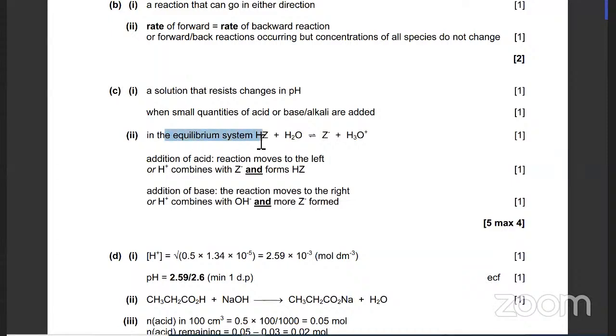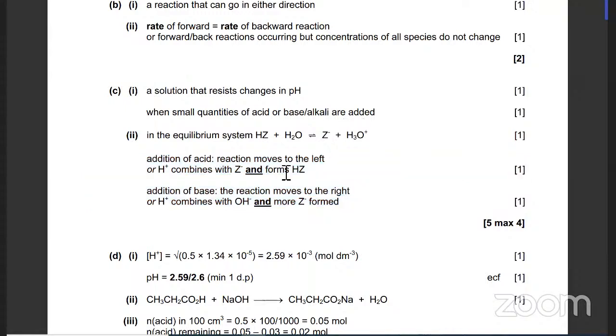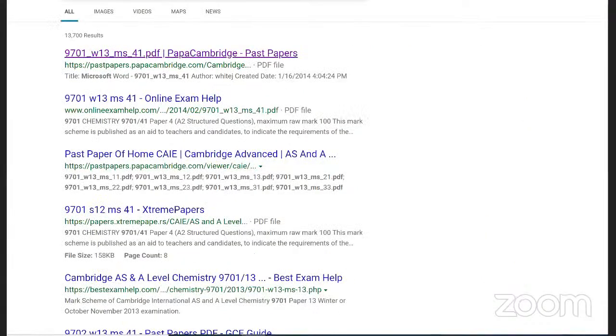But this is a slightly older question; in recent ones it just says these two, that's it, and they just ask you what the two reactions are. This is question 13, so recent ones are more straightforward. But mention it; there's no problem with giving more detail.